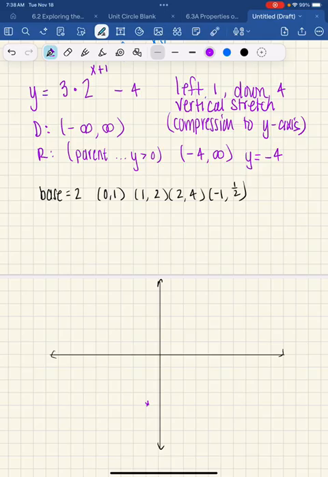Okay. That is where my asymptote is going to be. Okay, and then from here, 0, 1. All right, but that's not true. So remember, the a value is 3.